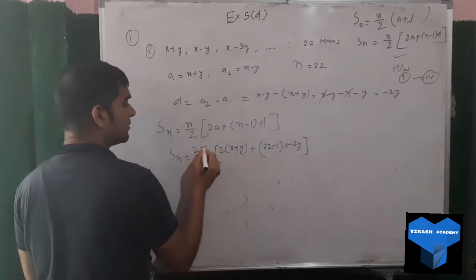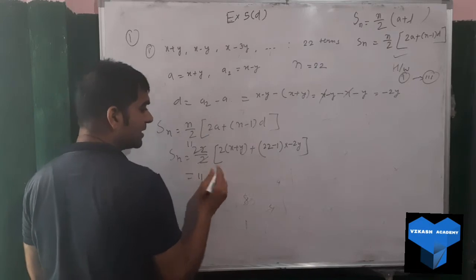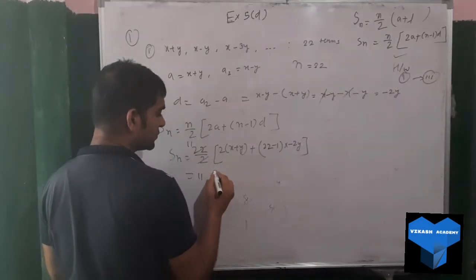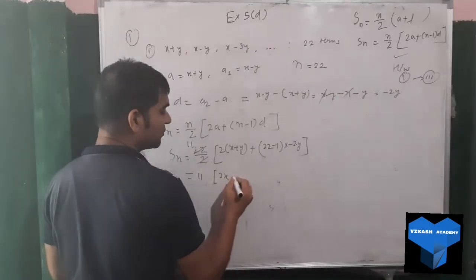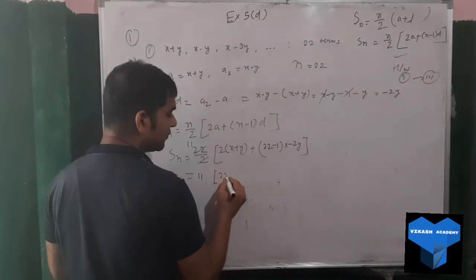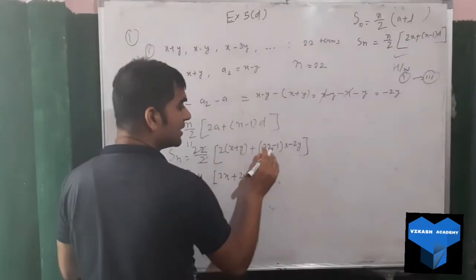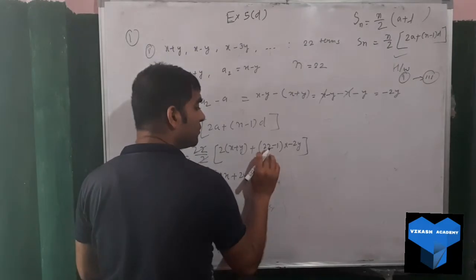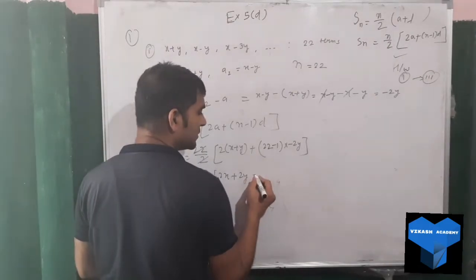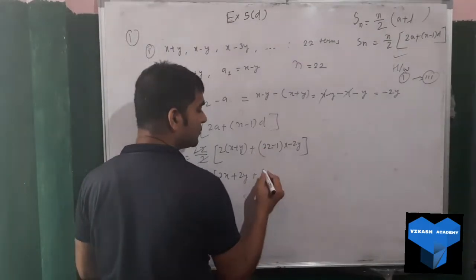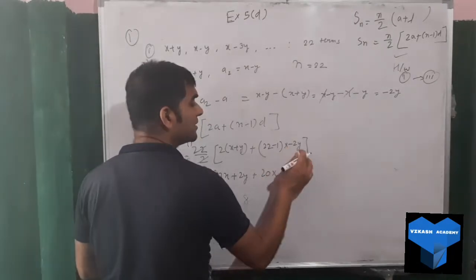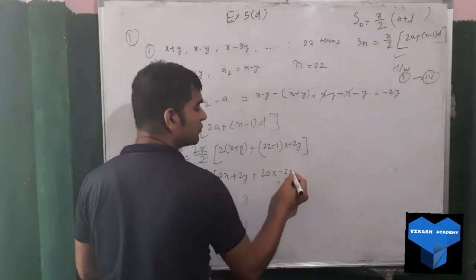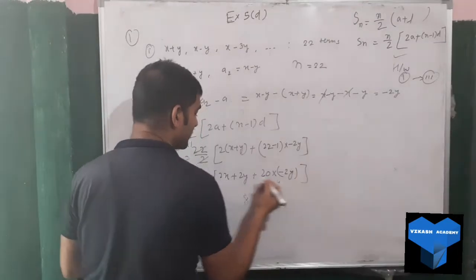The 2 cancels and we get 11. 2 into x is 2x, 2 into y is 2y, plus 22 minus 1 into minus 2y. Let us see how much we are getting.